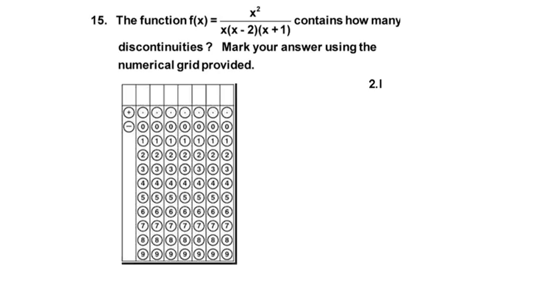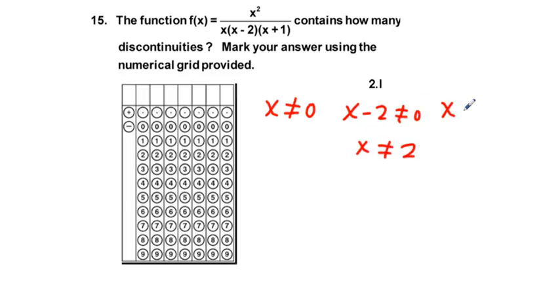Next, 15, the function f of x equals x squared over x times quantity x minus 2 times quantity x plus 1 contains how many discontinuities? Now, x cannot equal 0, right? That's 1. x minus 2 cannot equal 0, so x cannot equal 2.